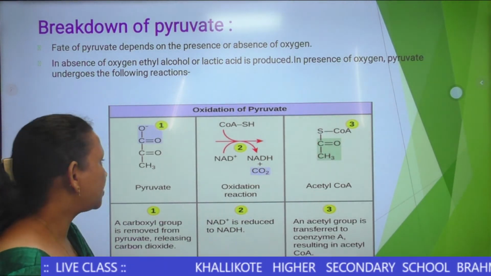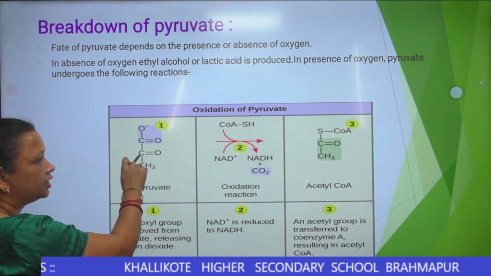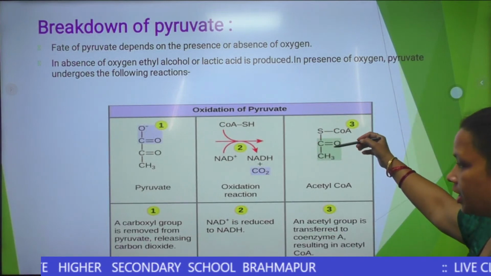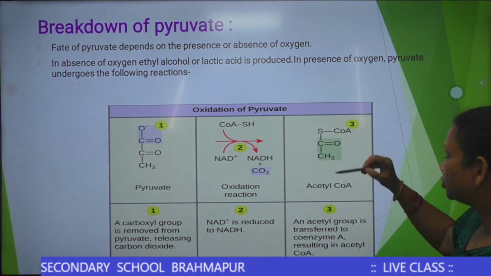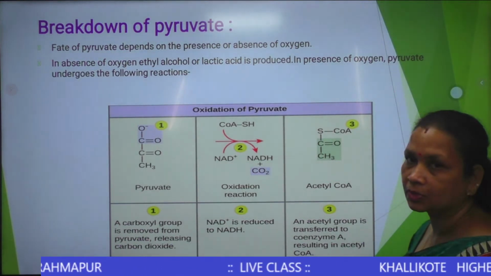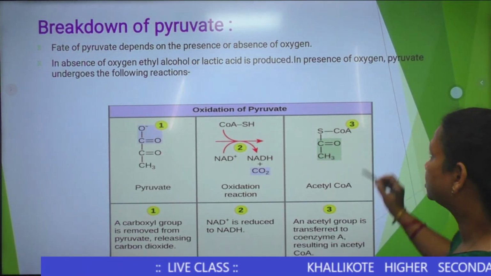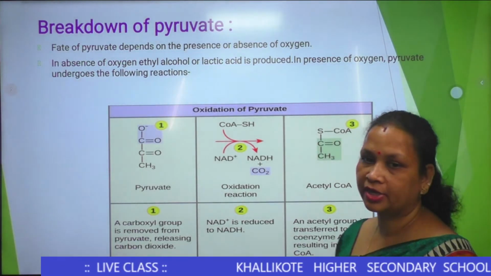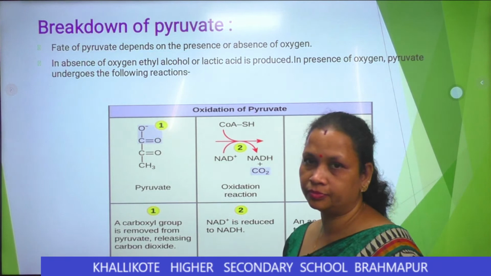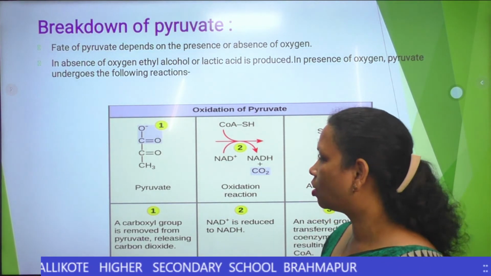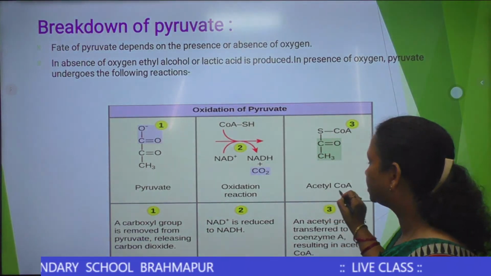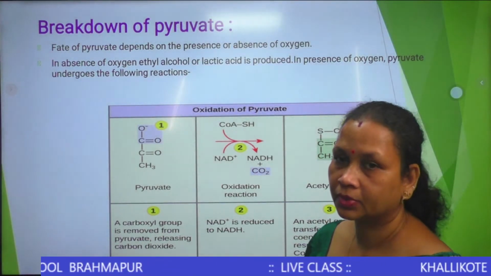So, the remaining number of carbon here is 2, and so you get acetyl coenzyme A. So, if oxygen is present, then pyruvate will enter into the next cycle which is the TCA cycle or the Krebs cycle by getting converted into acetyl coenzyme A.